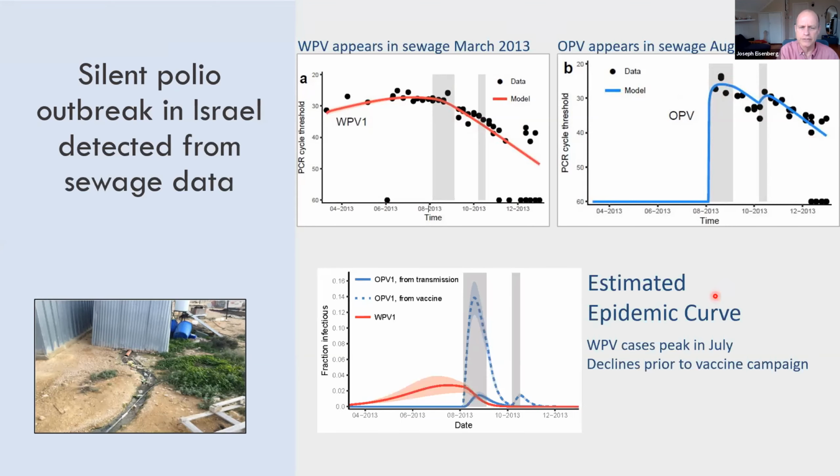So we used these data and our transmission models to predict and estimate the epidemic curve that we would predict happened in Israel during this time. Again, the important thing here is there were no clinical cases identified. So a huge amount of transmission of polio occurred that was really only identified through this sewage surveillance.